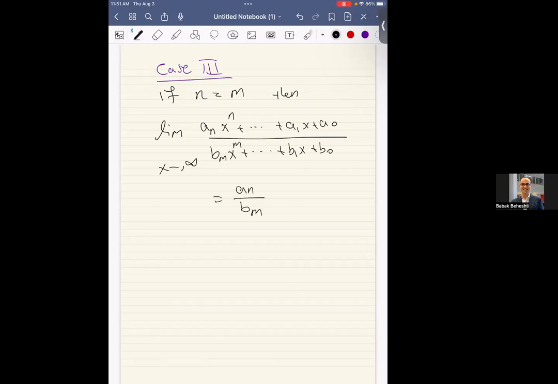But remember that n and m are equal here.